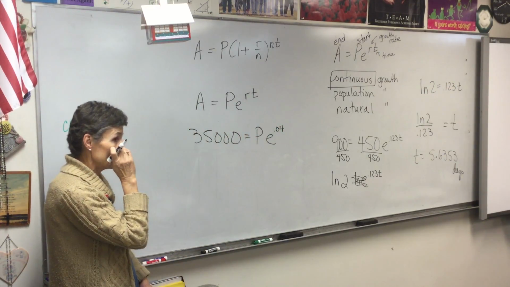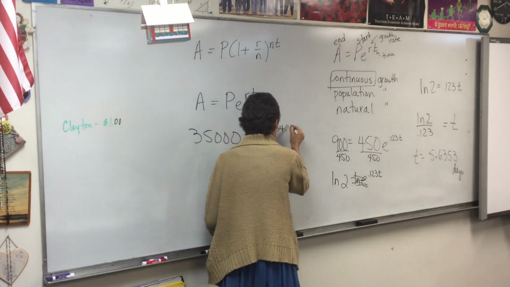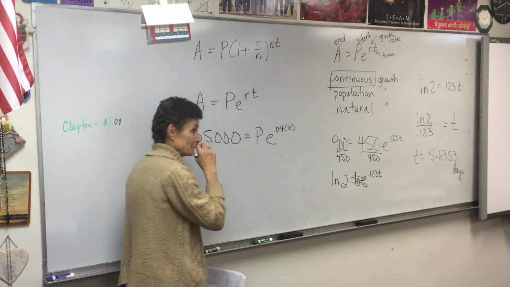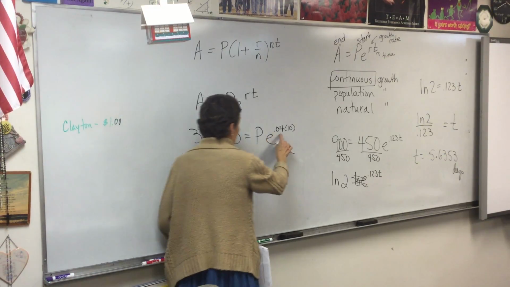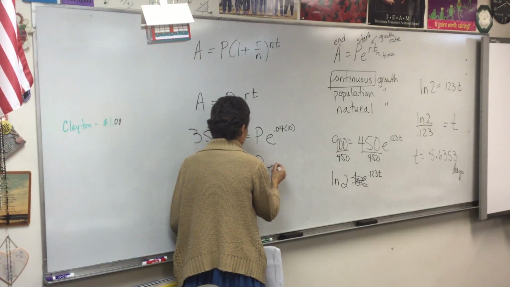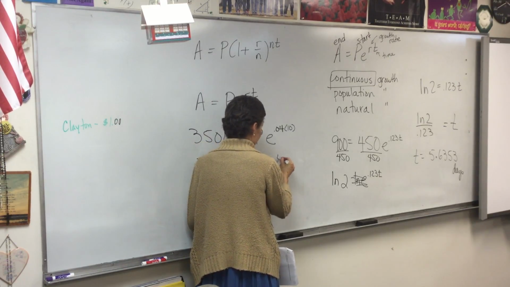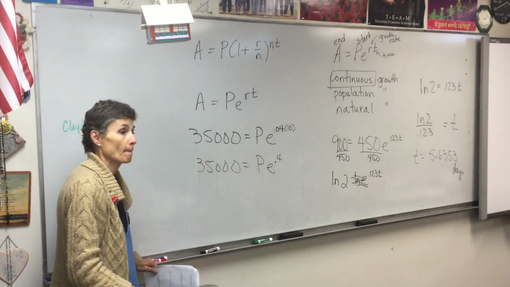Everybody got that? You're putting it in as a decimal. And T is 10. So I'm going to go ahead and multiply those together first. So I have 35,000 equals P E to the 0.4. If I just multiply those two together, R T.